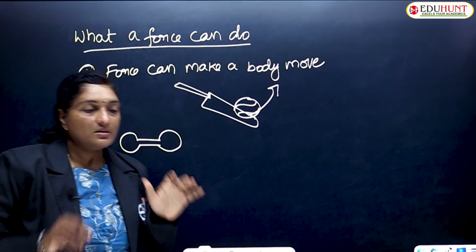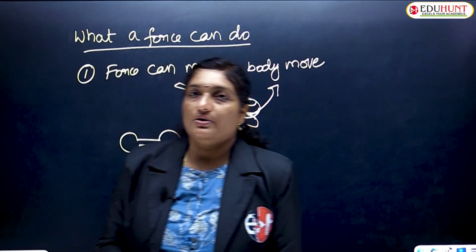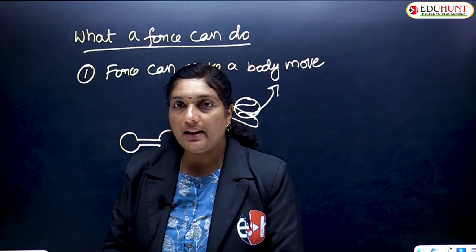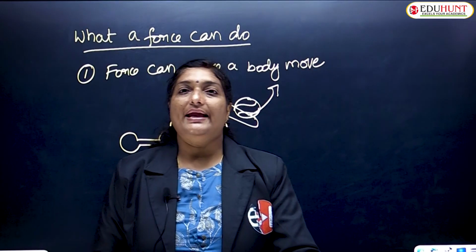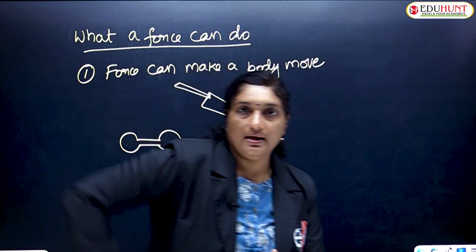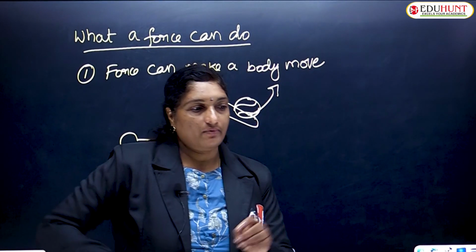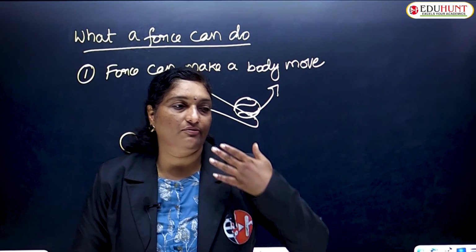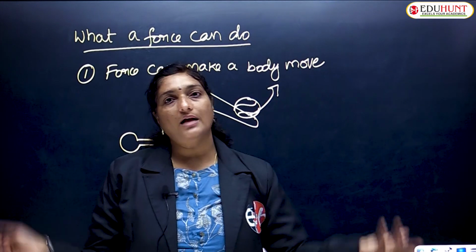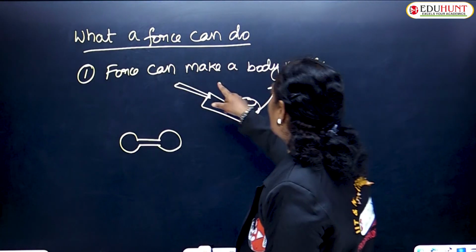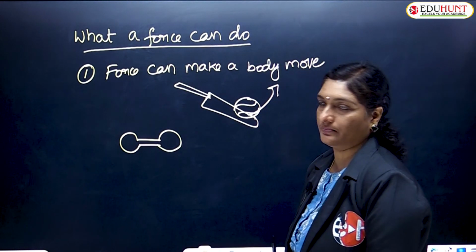So a force can help the body to make a move. Suppose while playing football, when you kick a football lying on the floor, the football will move. So kicking a football lying on the floor is also an example where the force can make a body move.